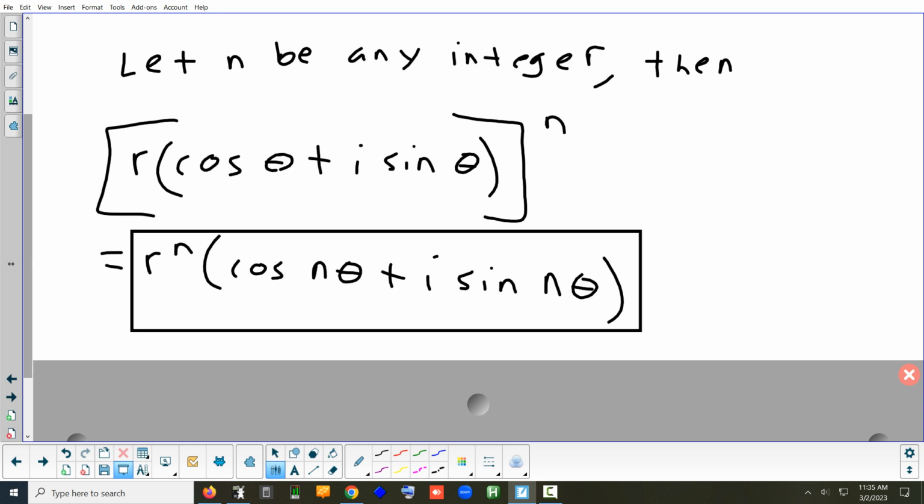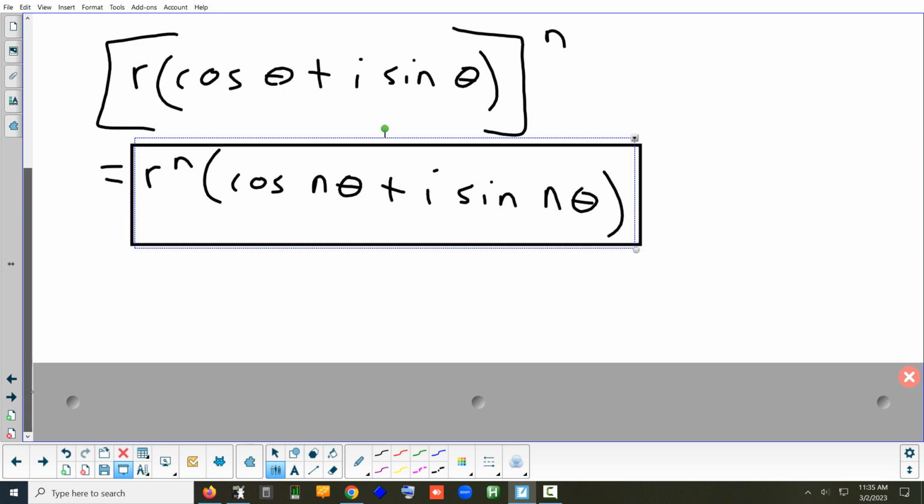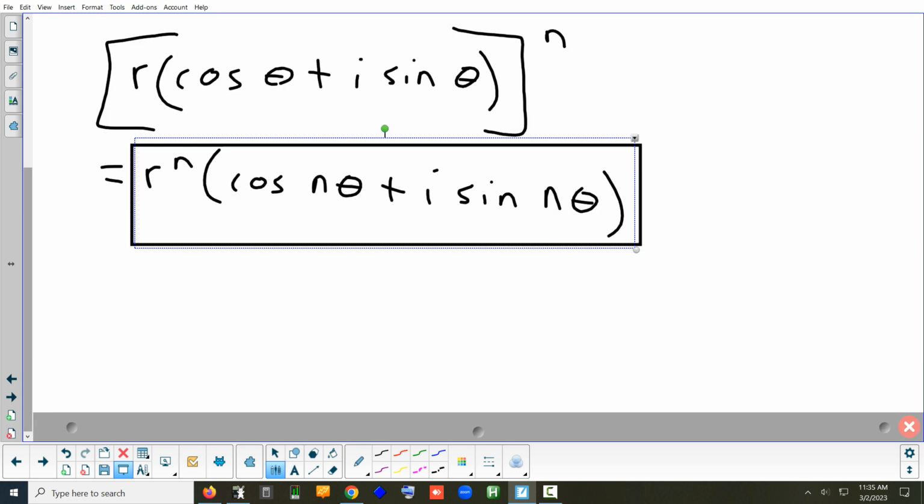You just have to do two things. Radius to the power, angle times the power, and you're done. So let's try that on the one that we just did. The disadvantage to the one we just did is it's not in trig form, so I need to put it in trig form first and then go from there.